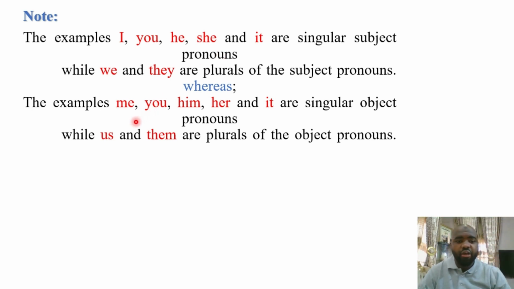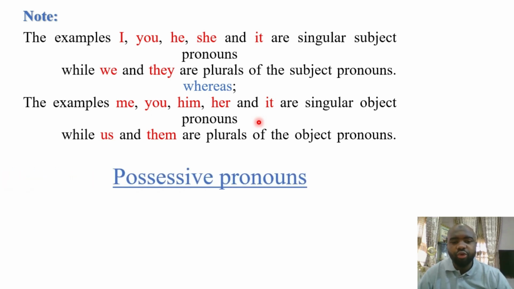And then we have me, you, him, her, and it as the singular object pronouns, while us and them are the plural object pronouns. So this is what we basically need to have in mind: when we talk about singular, we're talking about a single person, one entity, right? One. But when we're talking about plural, we're talking about two and more. We have that same example in nouns, the topic we discussed in our previous session.